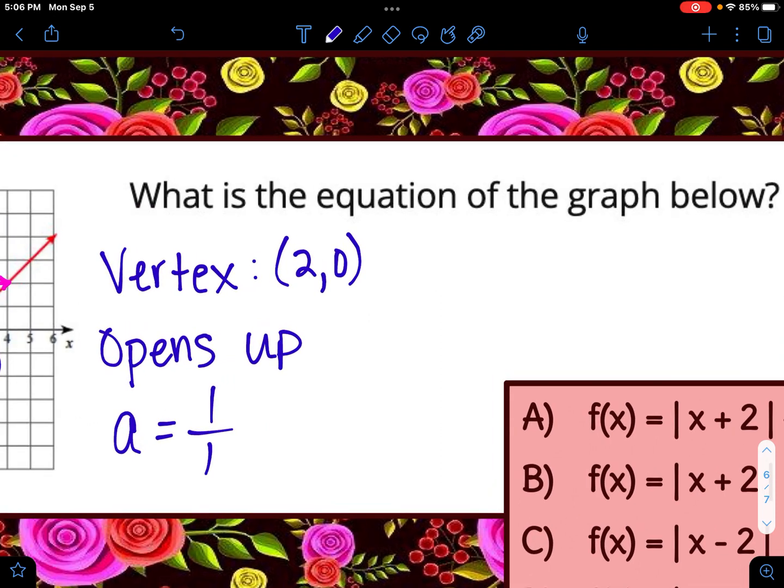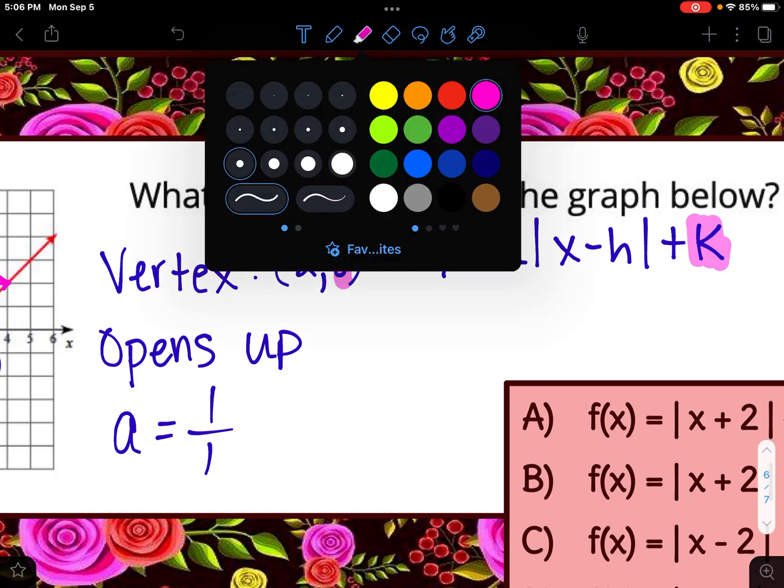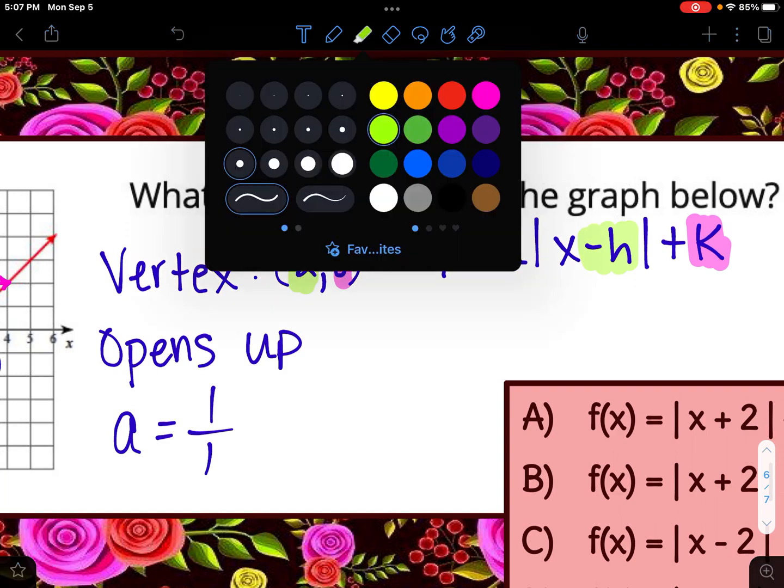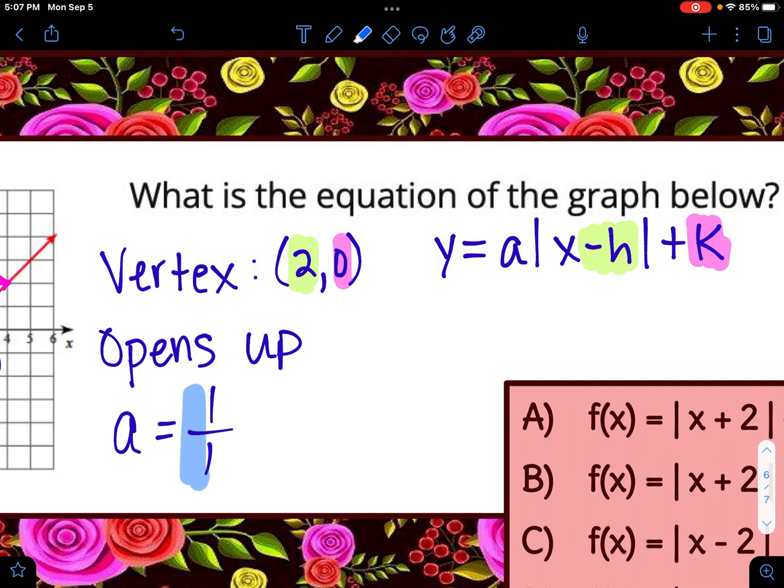So let's see. If I wanted to put this in y equals a times absolute value of x minus h, plus k, it looks here like my k is 0, and my negative h is 2, and my a is 1/1.